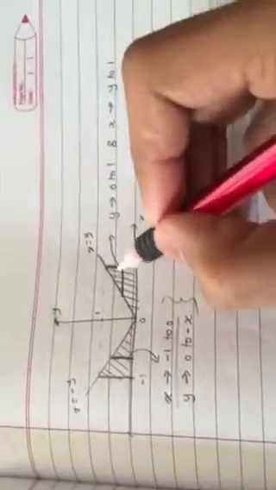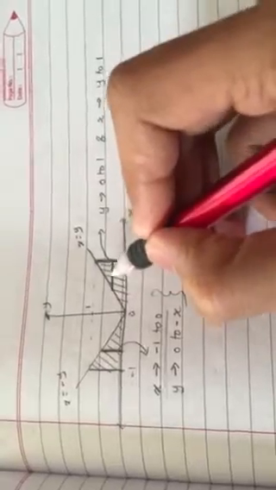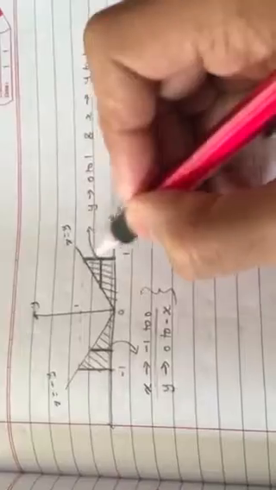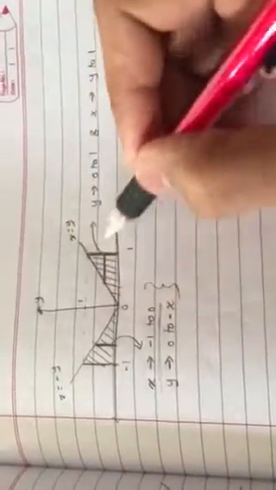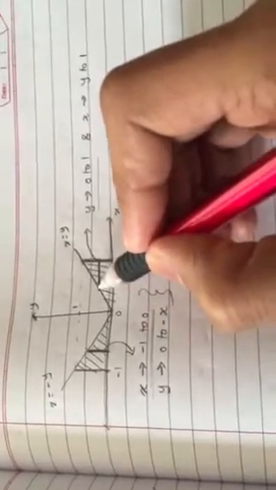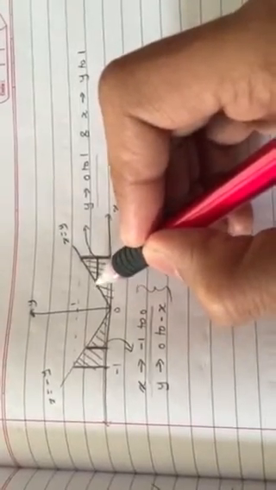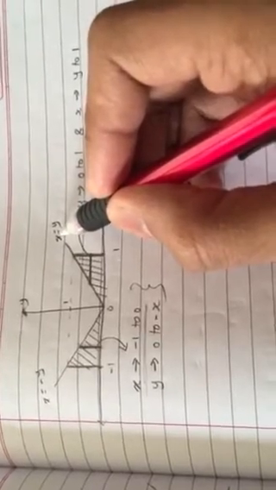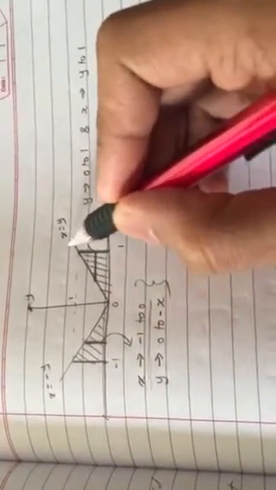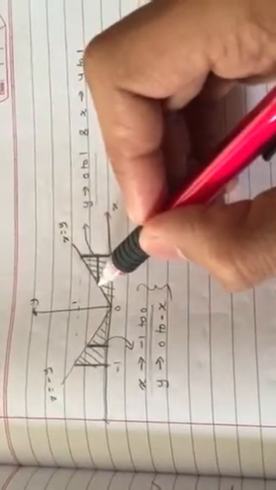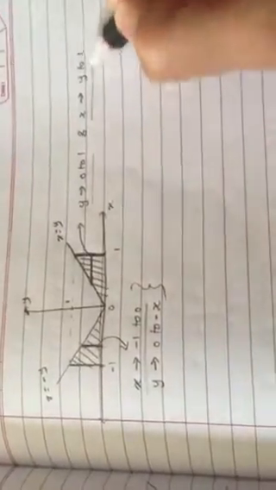However, if we take the horizontal strip, moving that strip from 0 to 1, which is along the y-axis vertically, we get the limit of y equal to 0 to 1, and we can say the left end of this strip is on x equal to y, and the right end of the strip is x equal to 1. Therefore, this strip is between x equal to y and x equal to 1, and therefore the limits of x is from y to 1.